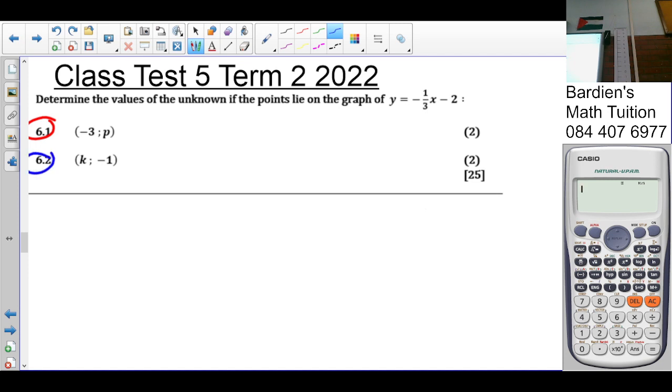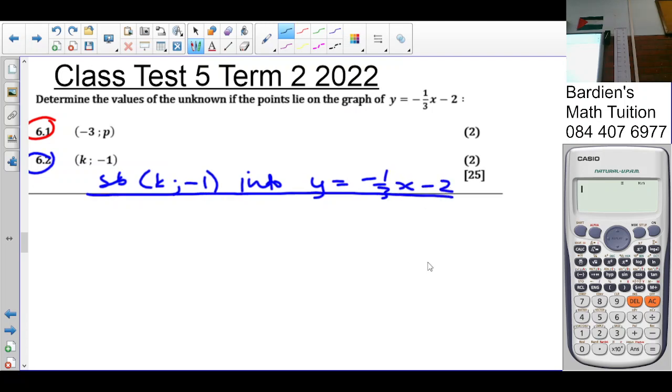We substitute k and minus 1 into y equals negative a third x minus 2, remembering this is an x and a y. So your y is now minus 1.